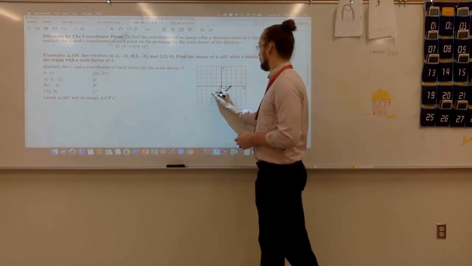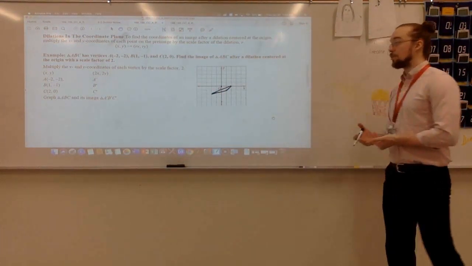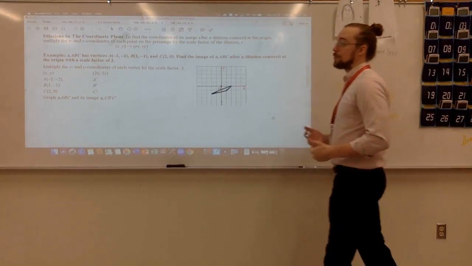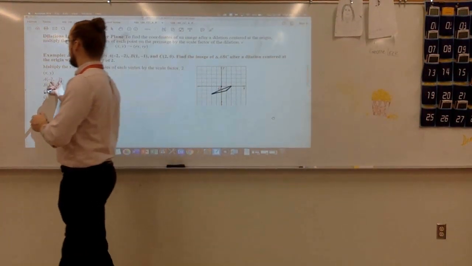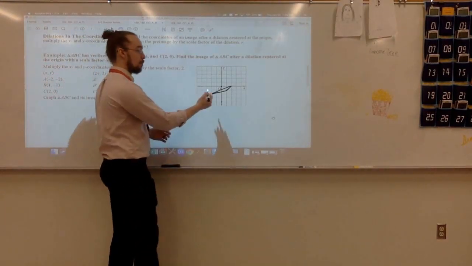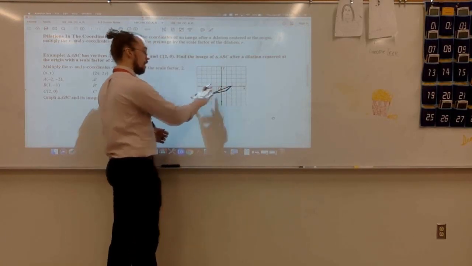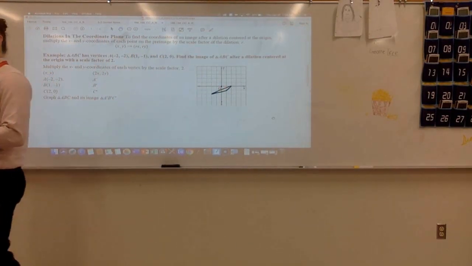If we're on the coordinate plane and the center of dilation is 0, 0, all I'm going to do is take the coordinates and multiply them by the scale factor, right? Now we could go through the process of what we just did. We could draw a line and then multiply the length of that line by 2 to get our new points.